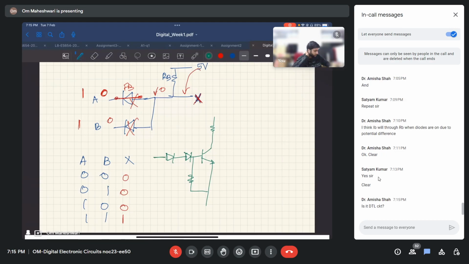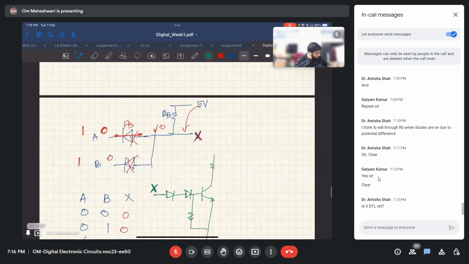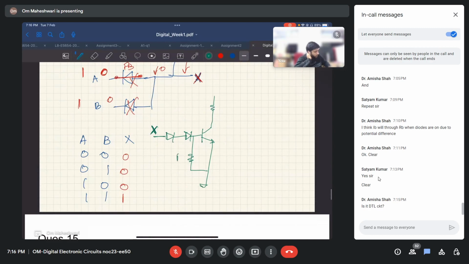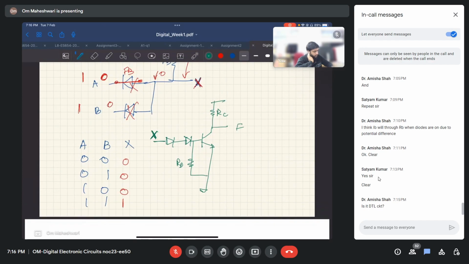Okay, so we had X here, and this is RD, this is RC. This is F. So we want to find F, right? We just have two cases, either X is 0 or 1. When X is 0, both of these diodes are off.